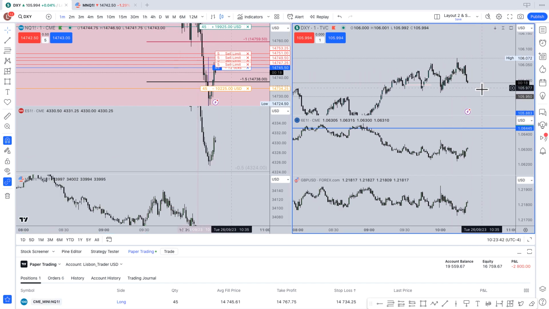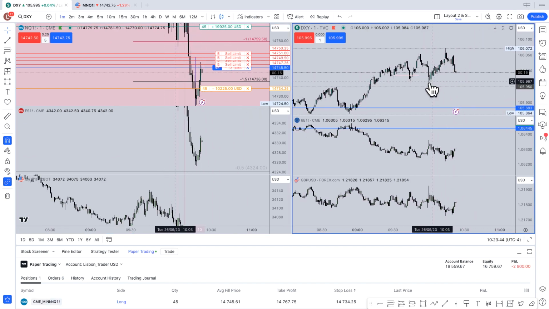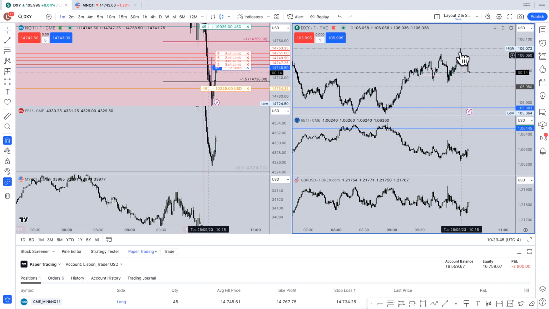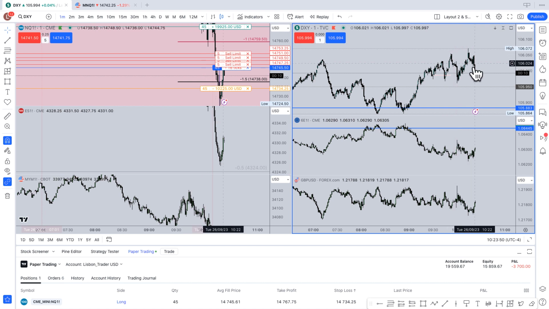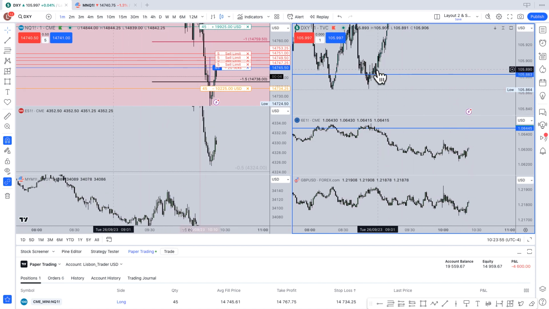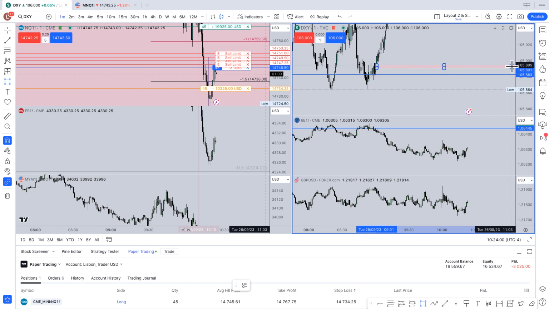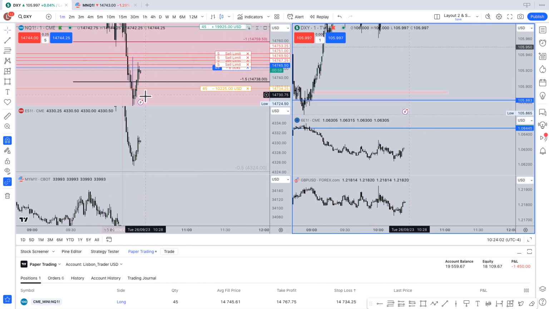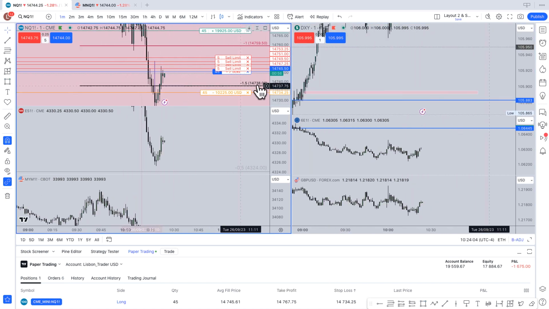DXY is still going lower, might challenge this low. So 3 Indian patterns, 1, 2, 3, and then down. There's the volume imbalance over there. There. This is keeping pushing forward.